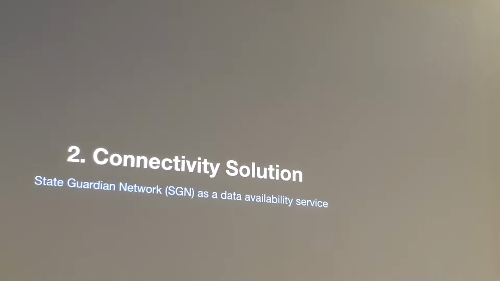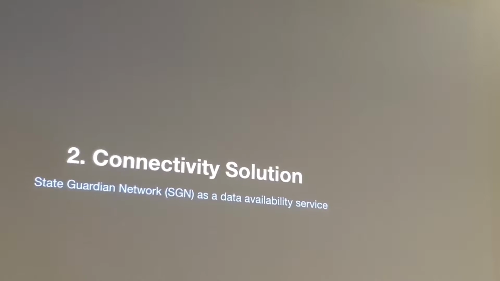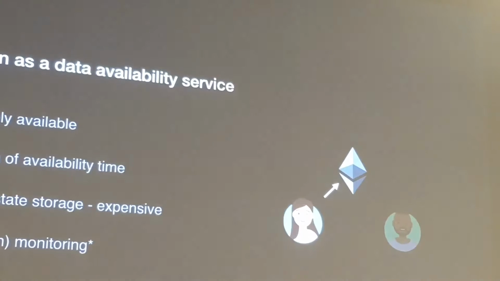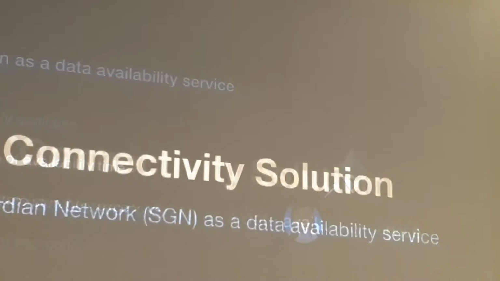But it is definitely not cheap, because you're actually storing the state on the blockchain, and also it's definitely not resource conserving, because it requires online monitoring of the entire blockchain state to make sure that your opponent is not maliciously submitting a state to the blockchain.